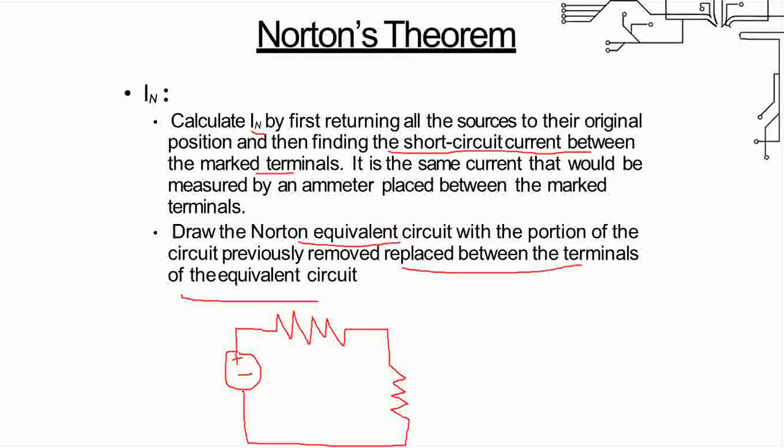So this was your Thevenin's equivalent circuit. This is your VOC. This is your RTH. And this was your load resistance RL. In a similar manner, in the Norton circuit, a current source will come, that is called ISC.